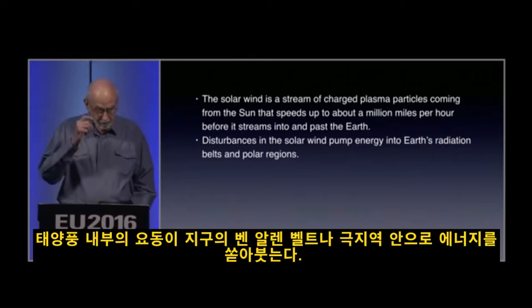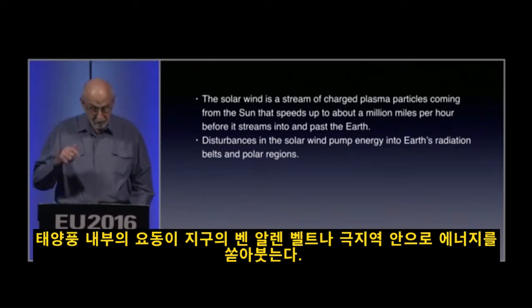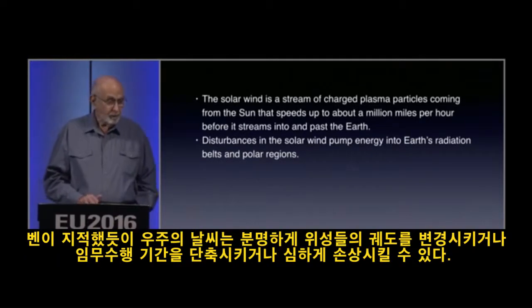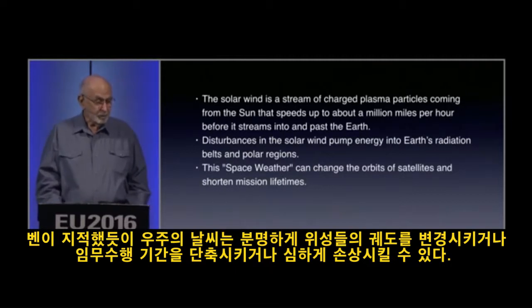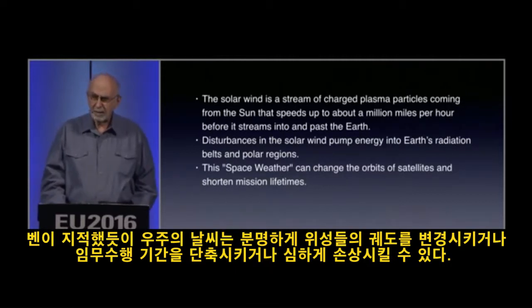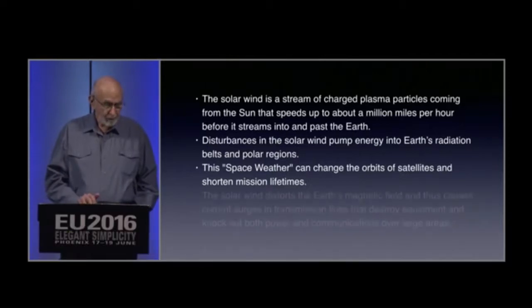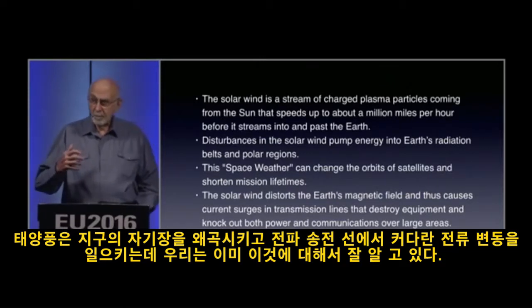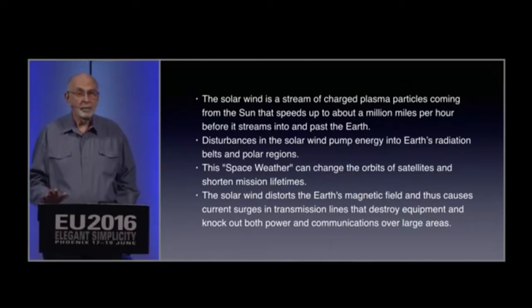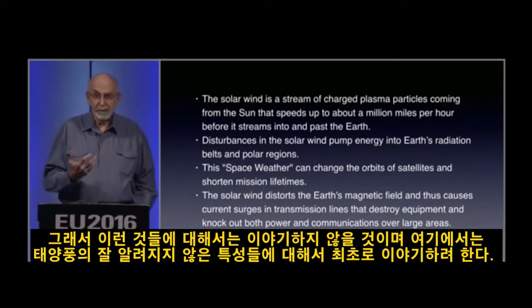And disturbances in the solar wind pump energy into the Earth's radiation belts and polar regions. Space weather clearly, as Ben points out, can change the orbits of satellites, shorten mission lifetimes, and create all sorts of havoc. The solar wind distorts the Earth's magnetic field and thus causes current surges in transmission lines, and we know this, so I'm not going to mention those things again.